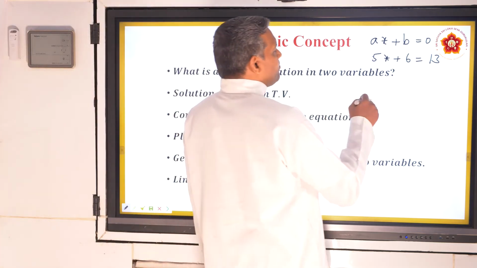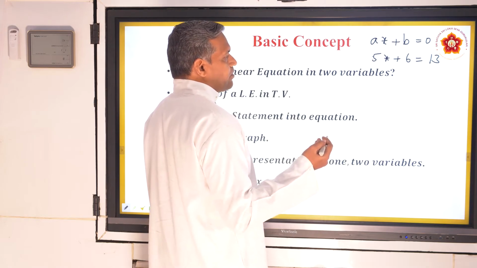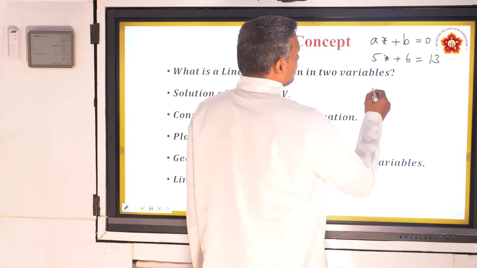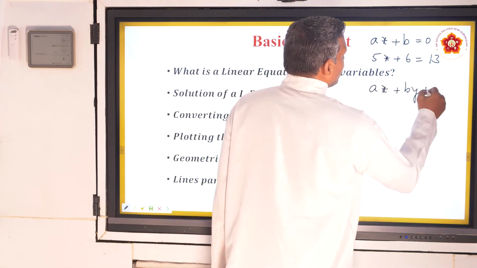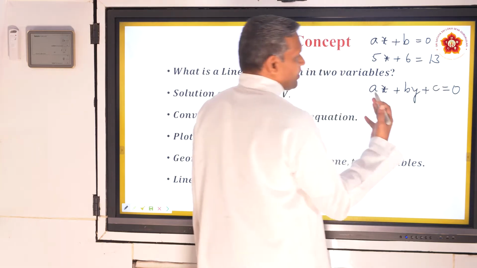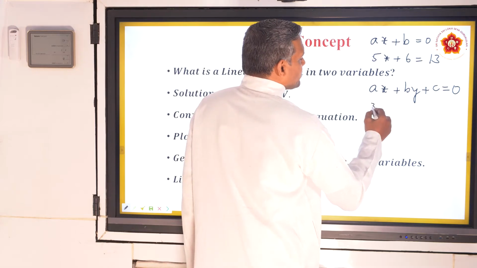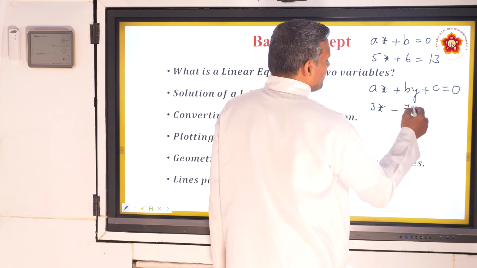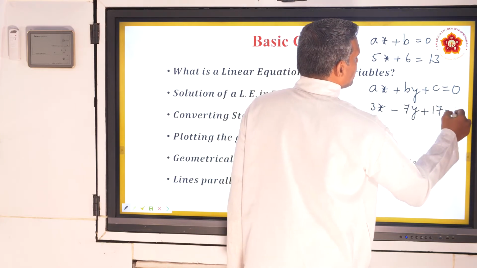But when you come to 9th, here you have more variables, that is you are going to add one more variable, you have two variables. For example, here ax plus by plus c is equal to 0. What it stands for? It means you have 3x, it can be plus or minus, let me take minus 7y plus 17 is equal to 0.